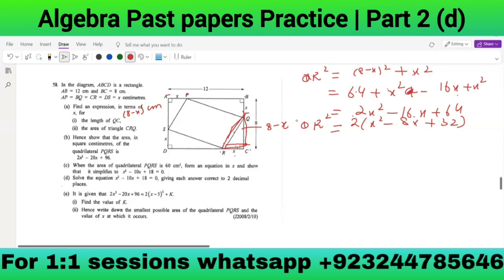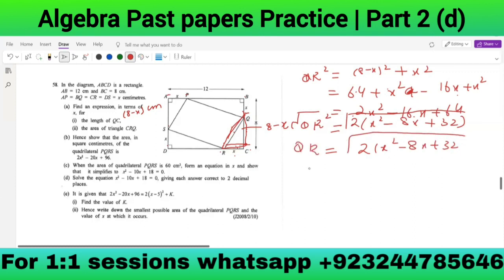So we need QR, right? So we will take the square root on both sides. So it would be the square root of 2 into x squared minus 8x plus 32.